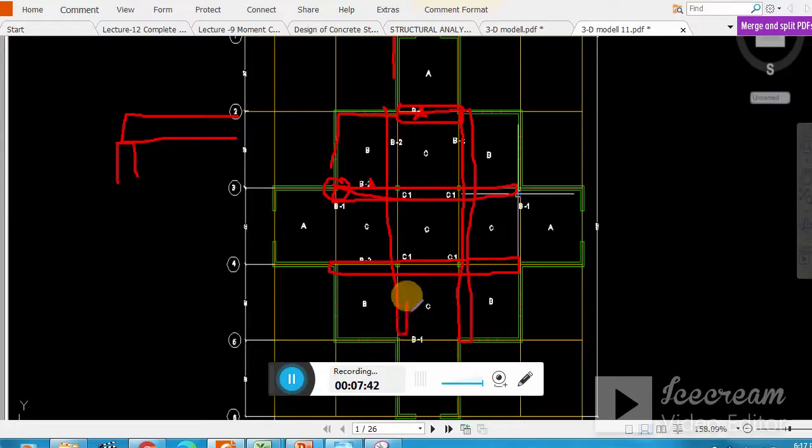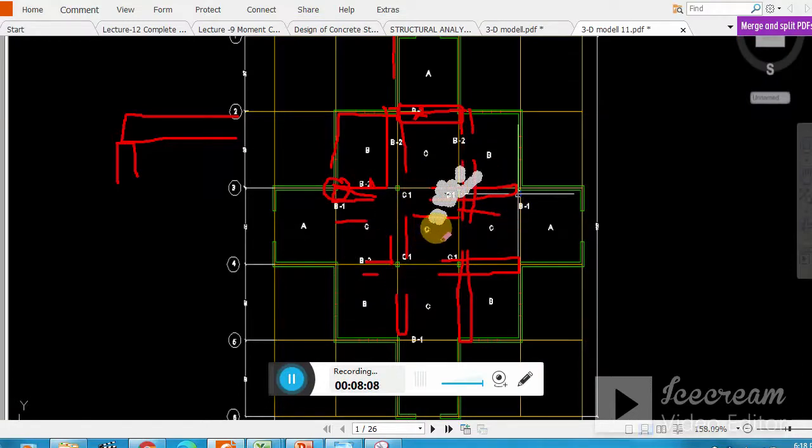So these 4 beams are symmetrical, and remember the width of these beams is 12 inches. The length, this is panel A, so this is 18.93, then again 19 feet, and then again 18.93. You must understand how these bars are placed and how to maintain the spacing.